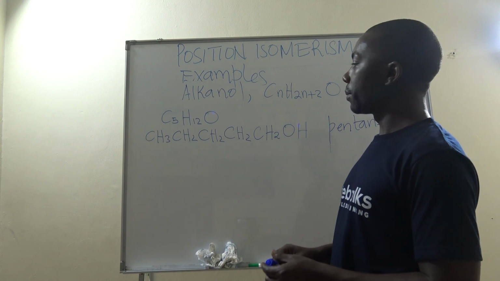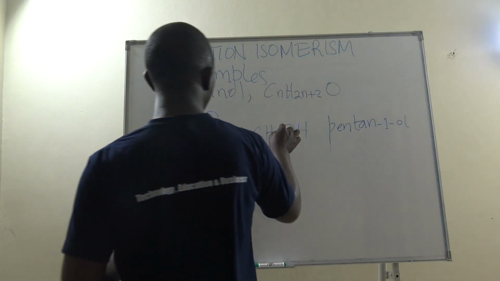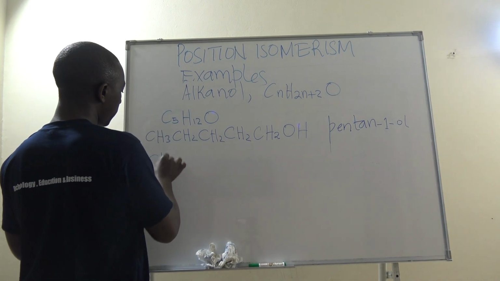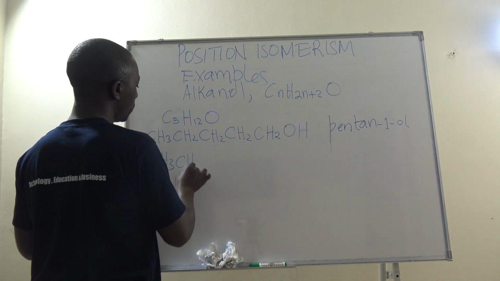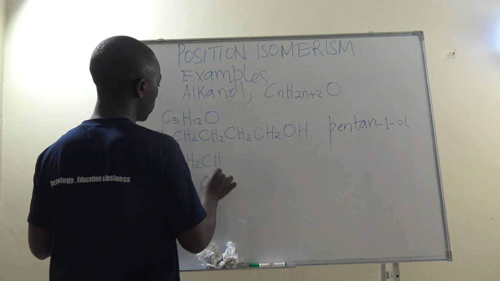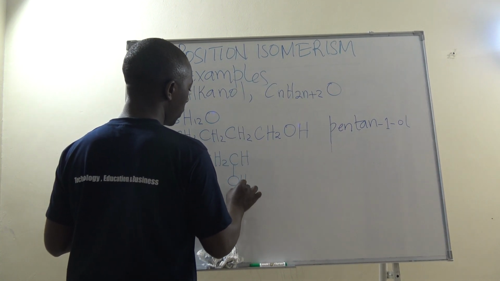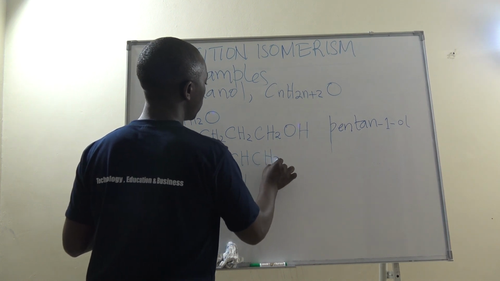So now we are going to keep changing positions of the OH until we can't form any other isomer. So for example, if I change the position of this from carbon 1 to this carbon 2, I'll be able to have CH3, CH2, CH2, CH, then I put my OH here, then I have CH3.